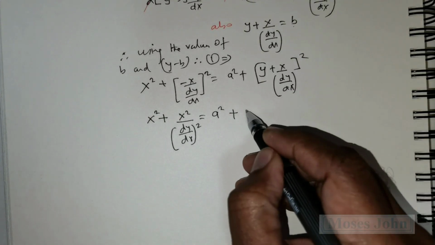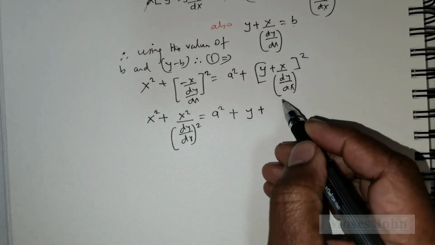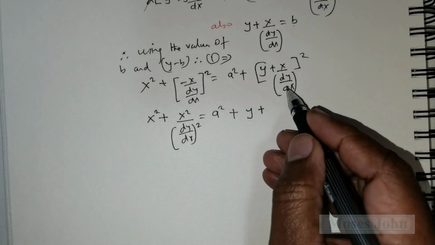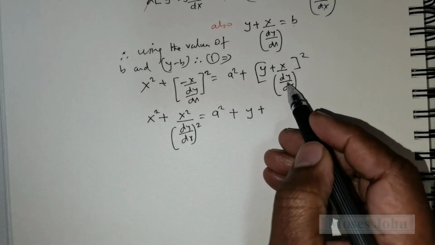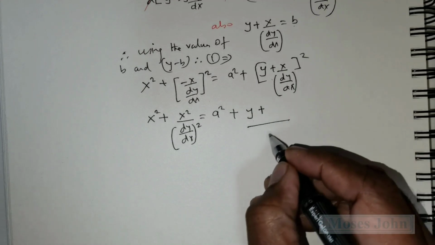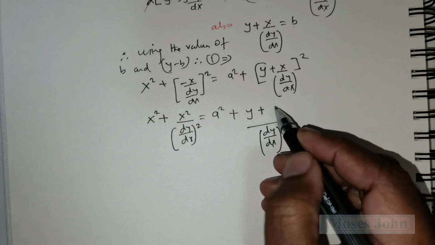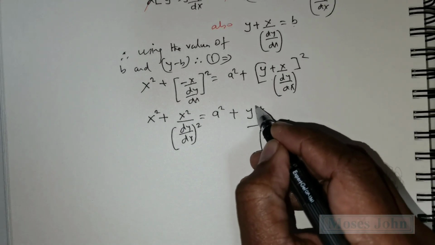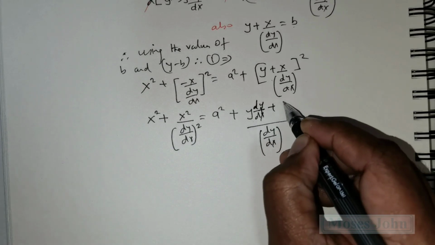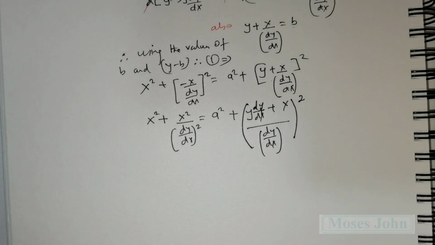Now, this can be flipped and rewritten as y plus. Instead of flipping it, I will take the LCM as dy over dx. So if I take the LCM as dy over dx, this would be y times dy divided by dx plus x, within the square.